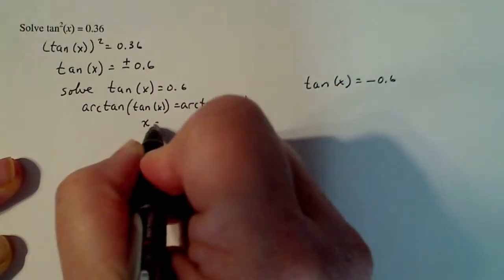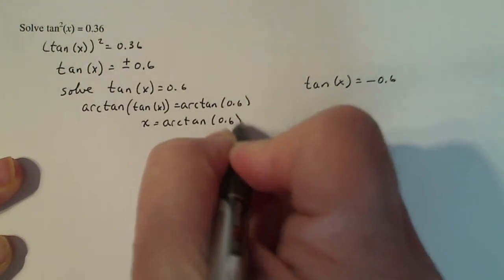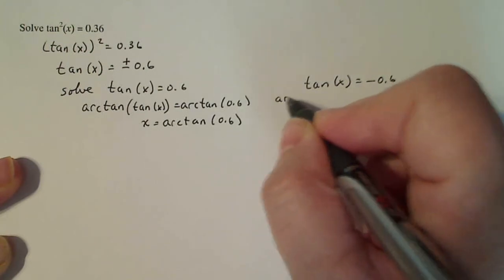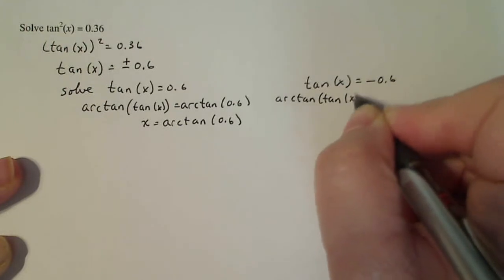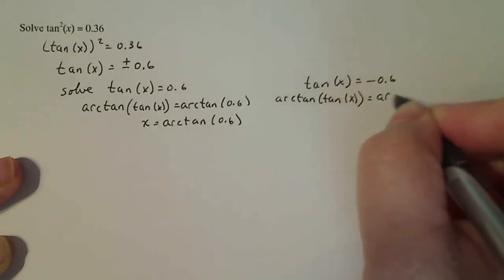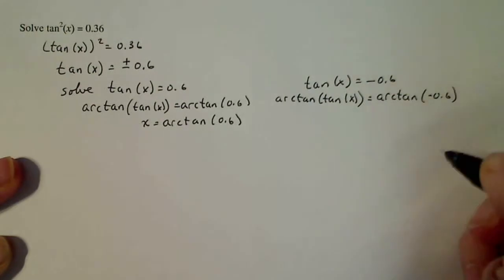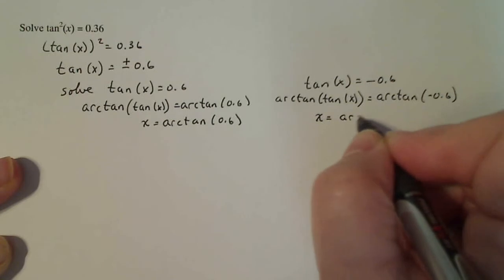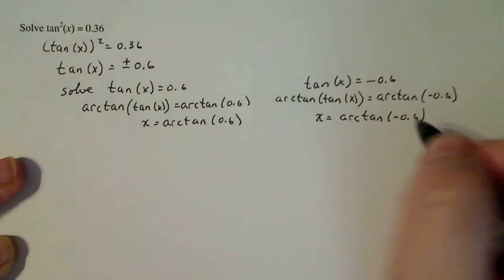So over here, x is equal to the arctan of 0.6. And over here, notice how I'm rewriting this. I'm not just trying to stick arctan inside in the other equation. It doesn't take that much longer. So this side over here, x equals arctan of negative 0.6.